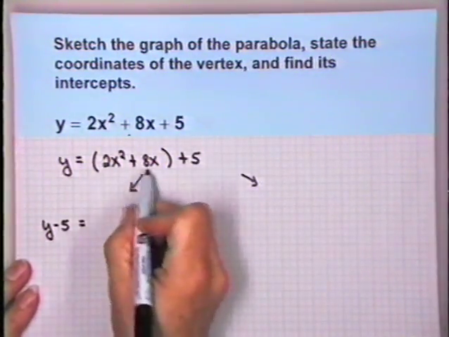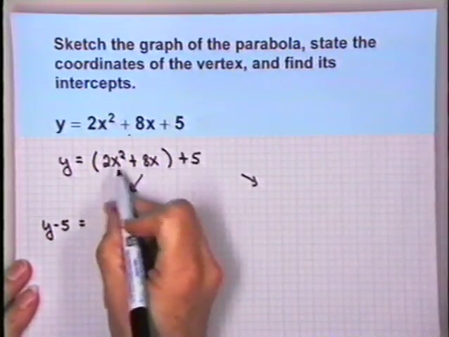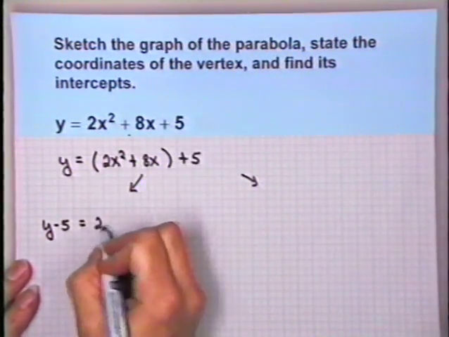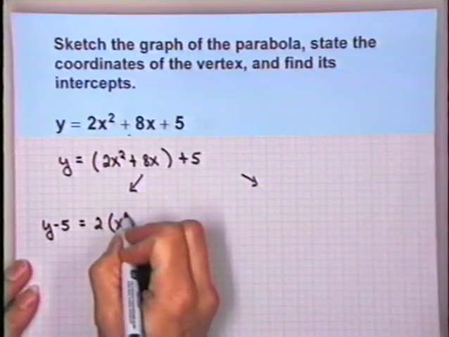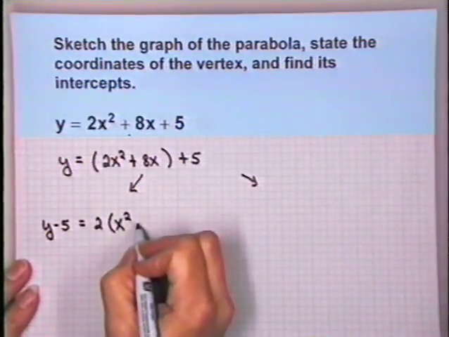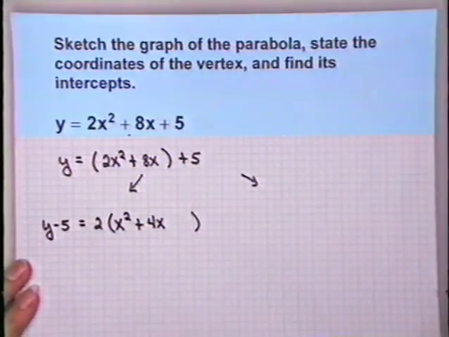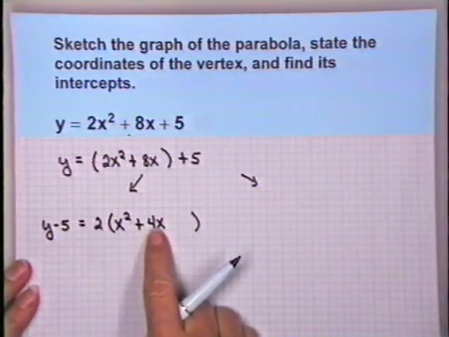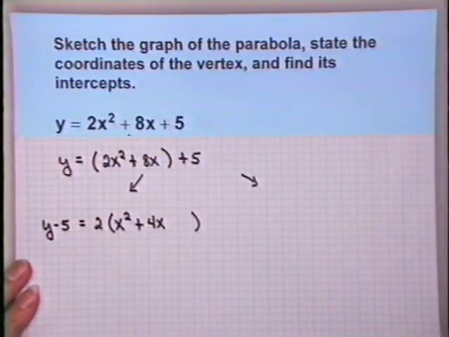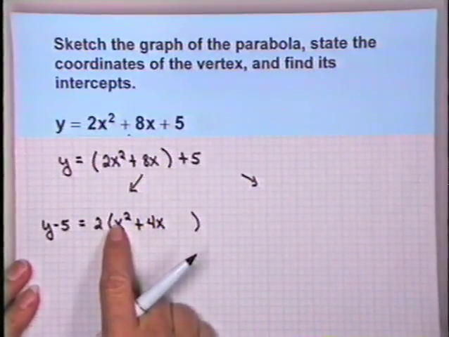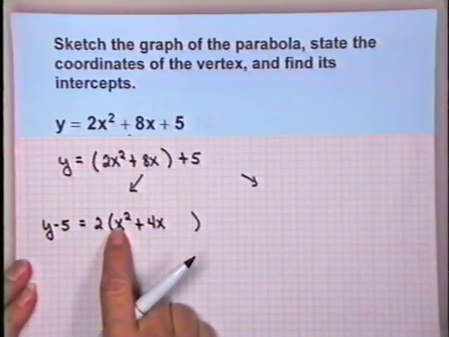So what I'm going to do instead of dividing is I'm going to take these two terms and factor 2 out. So that will give me 2 parentheses x squared plus 4x, and then I will leave some space here. Notice here, if I multiply this back out, I have my 2x squared plus 8x here, don't I? Now that I have a 1 in front of my x squared, we will complete the square.